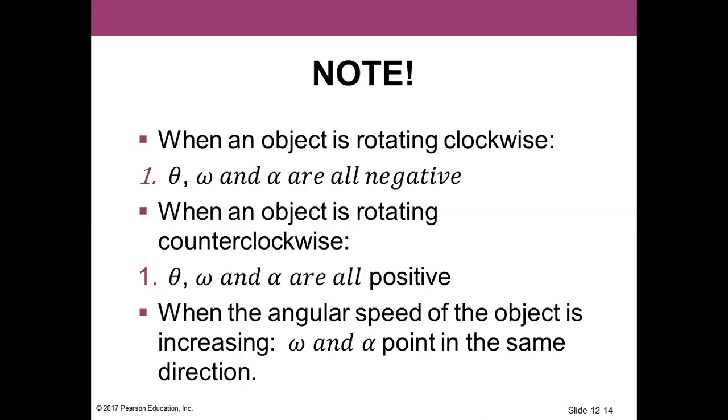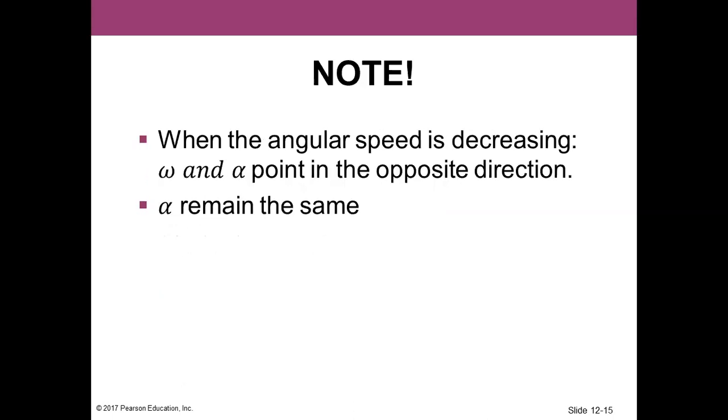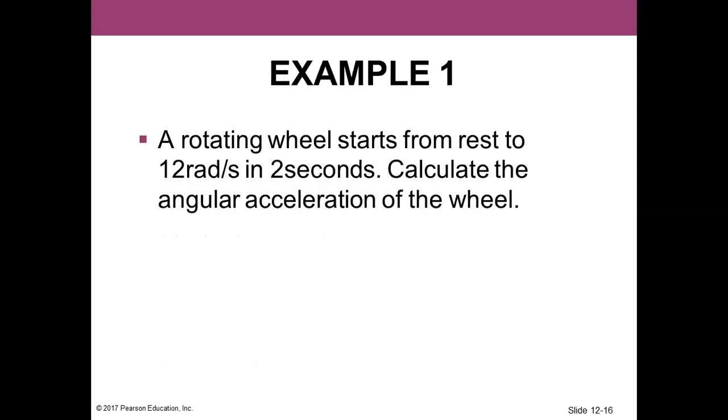When the angular speed of the object is increasing, then the angular velocity and angular acceleration point in the same direction. When the angular speed is decreasing, the angular velocity and angular acceleration point in the opposite direction. You need to know that for us to use the rotational kinematics, the angular acceleration should remain the same.